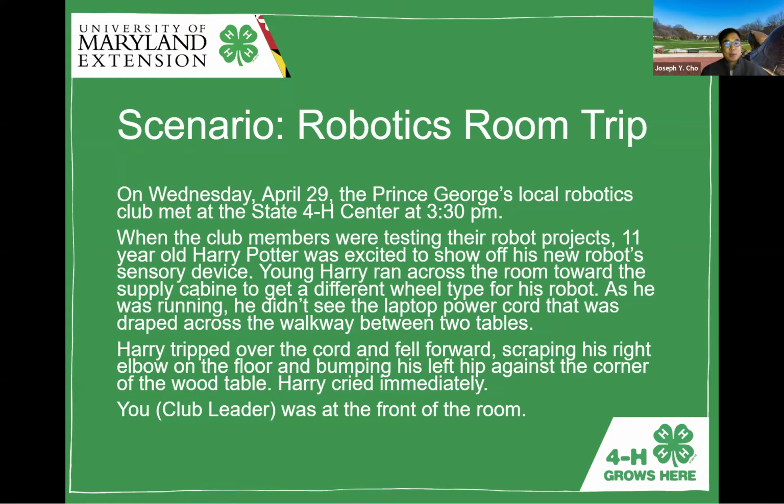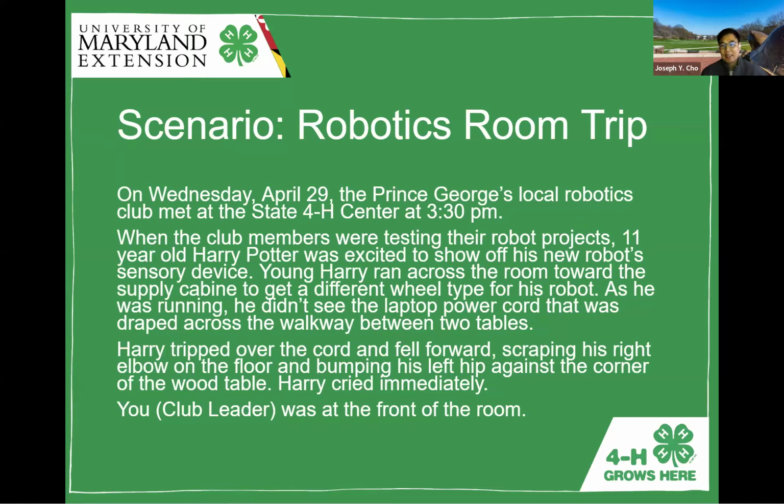On Wednesday, April 29th, the Prince George's local robotics club met at the State 4-H Center at 3:30 p.m. When the club members were testing their robot projects, 11-year-old Harry Potter was excited to show off his new robot sensory device. Young Harry ran across the room toward the supply cabin to get a different wheel type for his robot.